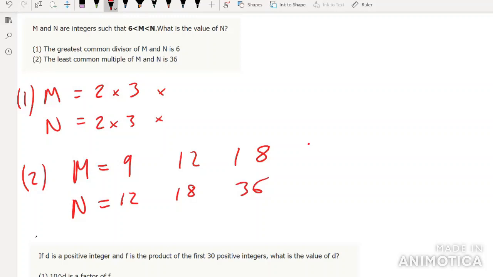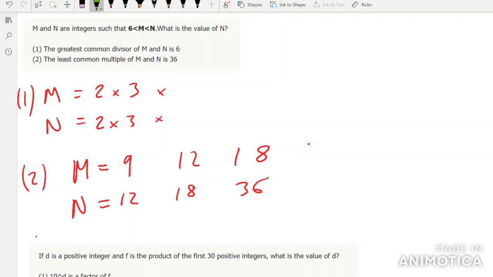But if we combine these two ideas together, well, the greatest common divisor of m and n is 6. If m is 9, for example, well, no, sorry, we need the greatest common divisor to be 6.